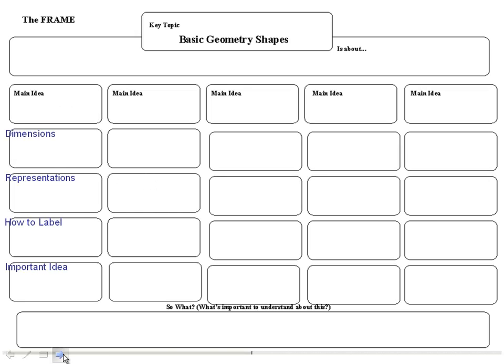The key topic here is basic geometry shapes, and this is about identifying points, lines, and planes. So some of the basics of geometry that we need to start by talking about.